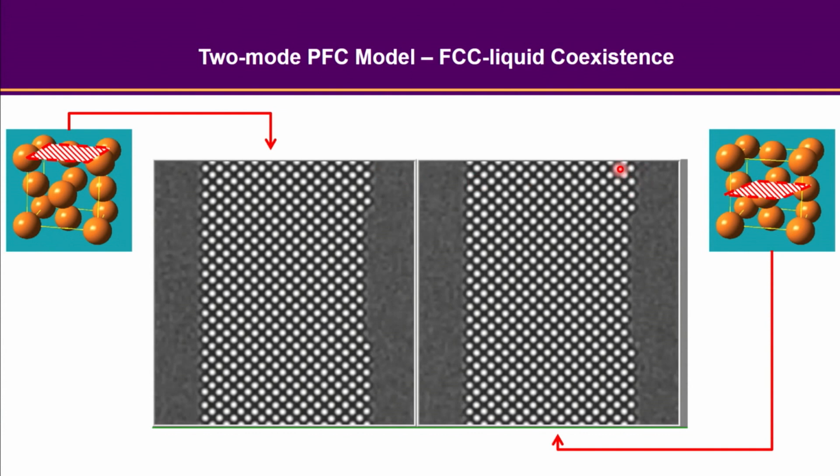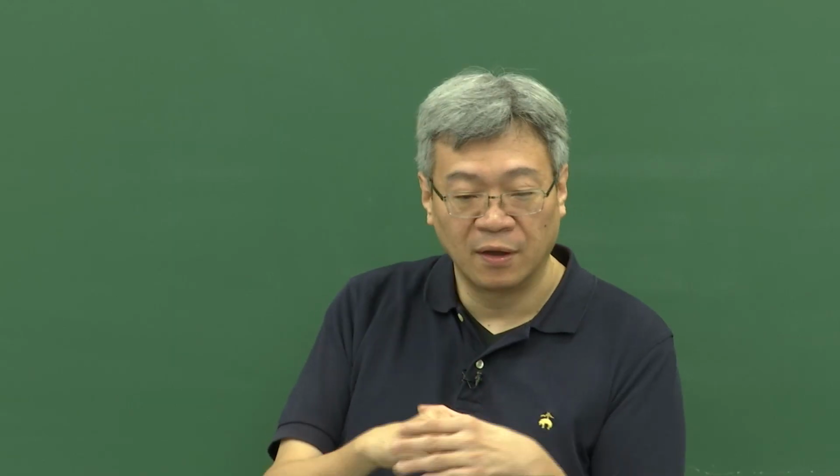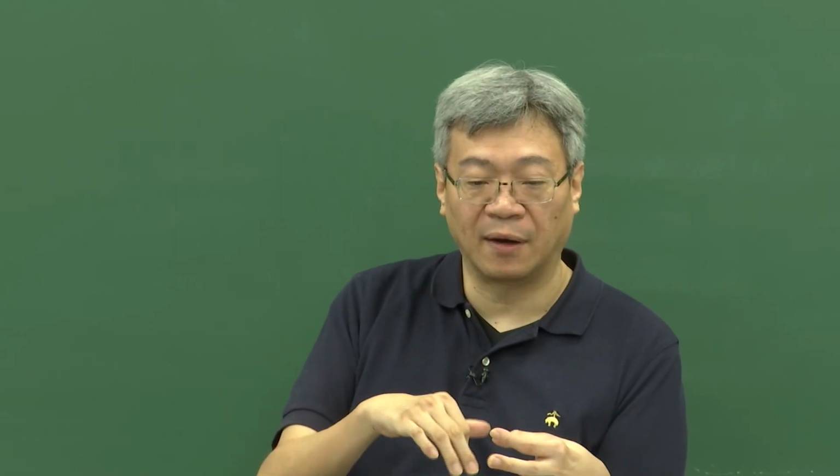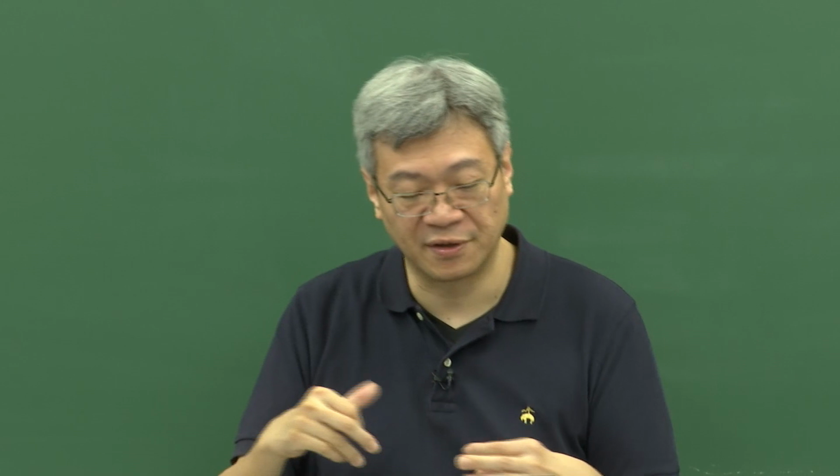So if you look closely, indeed, it is the center layer of that FCC structure. Okay? So that's the idea of the two-mode. It's quite straightforward once you see that adding more building blocks, that is the second mode, can stabilize the FCC structure. Once you understand that, you just implement that straightforwardly in your model. You can get a different structure.